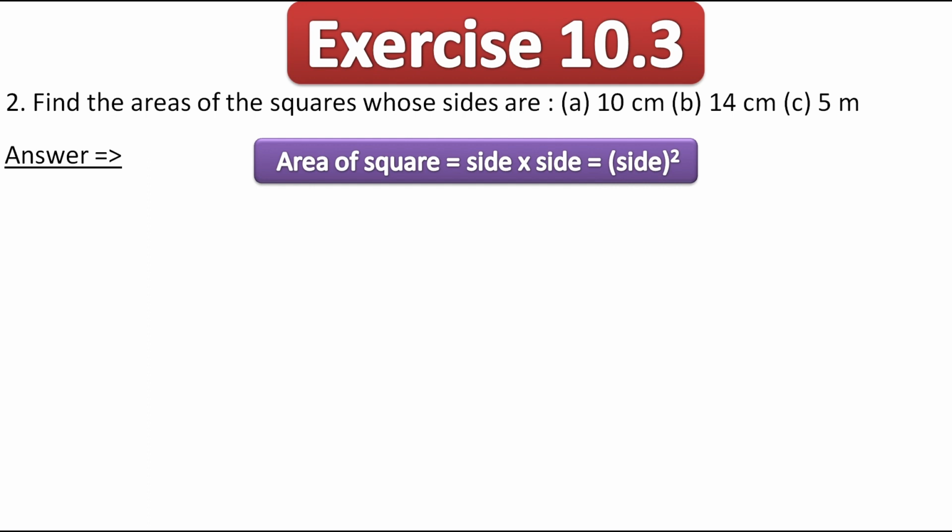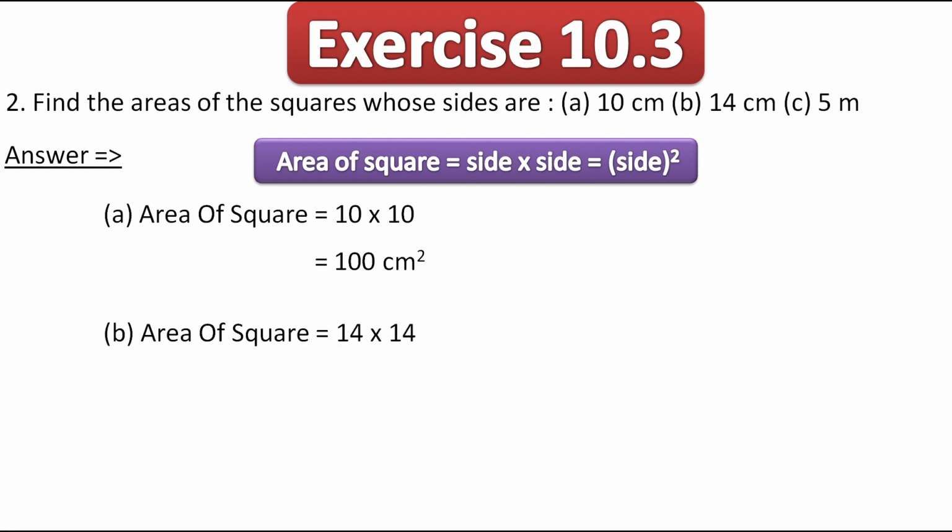So the area of square A is equal to 10 into 10, which is equal to 100 centimeters square. Now the area of square B, 14 into 14, is equal to 196 centimeters square, and area of square C is equal to 5 into 5, which is equal to 25 meters square.